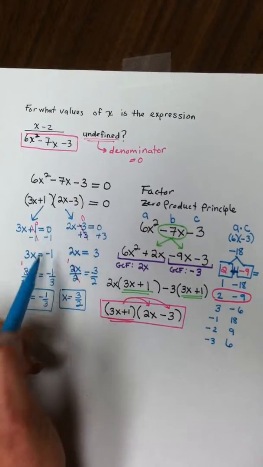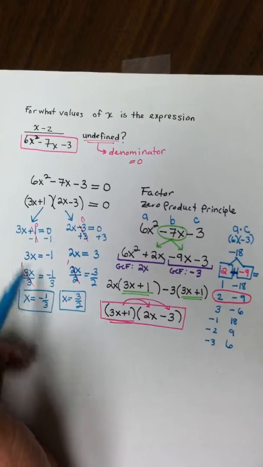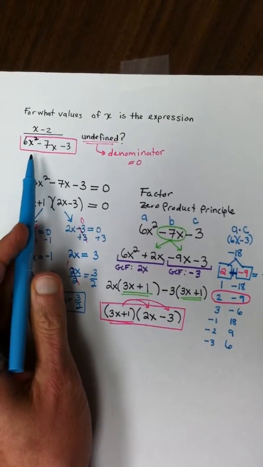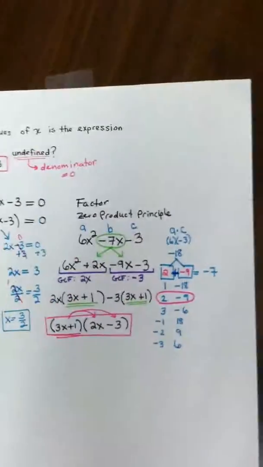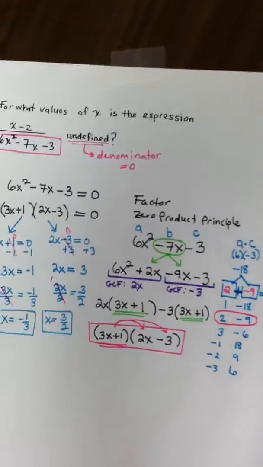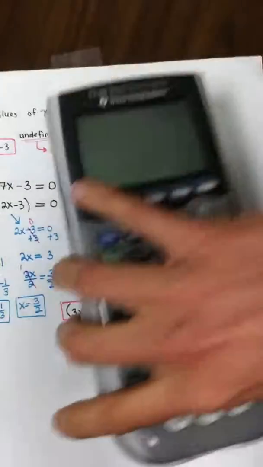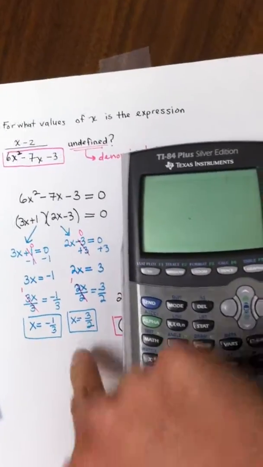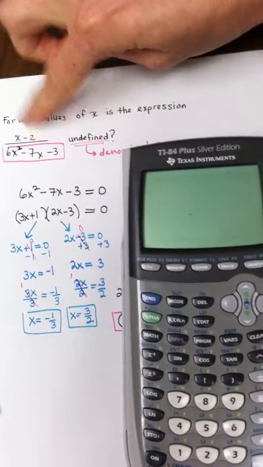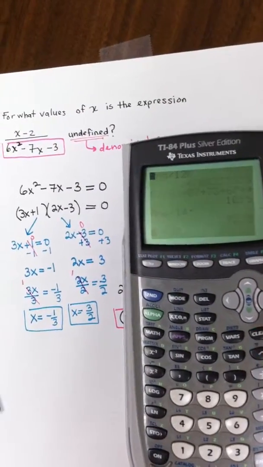But to double check, I'm going to plug this value of x into my denominator and see if I really get 0 when I plug that in. So I'm going to reach over here and grab my calculator. And I'm going to plug each of these values of x into the denominator and see if it really makes the denominator 0.